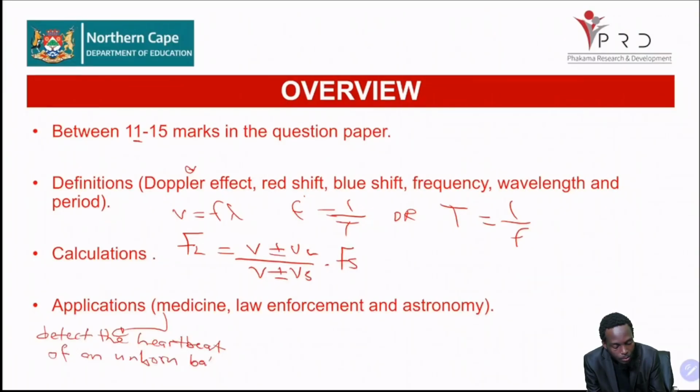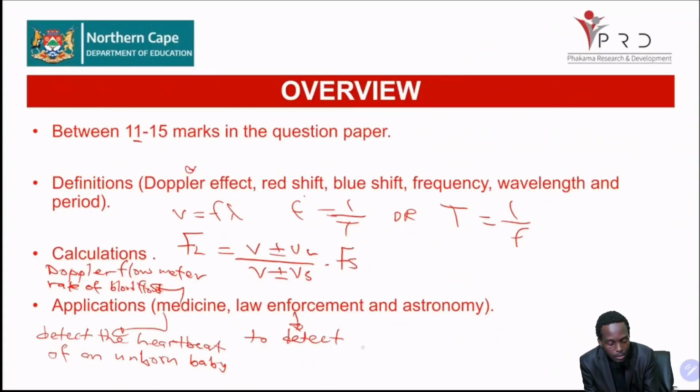So that's one of the uses of Doppler effect in medicine. You can also use it to measure the rate of blood flow using something called the Doppler flow meter. So the Doppler flow meter is used to measure the rate of blood flow. And then there's also ultrasound, of course.